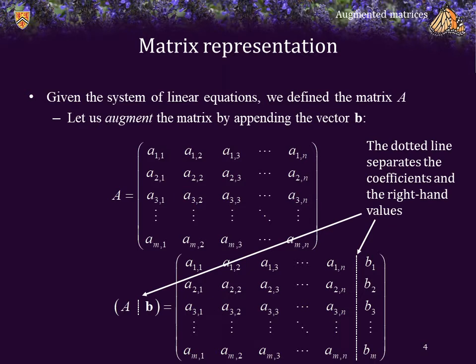So this dotted line is going to help us understand that we are appending or augmenting the right-hand vector b into this new matrix. If, of course, the matrix A was m by n, the augmented matrix will be m by n plus 1.